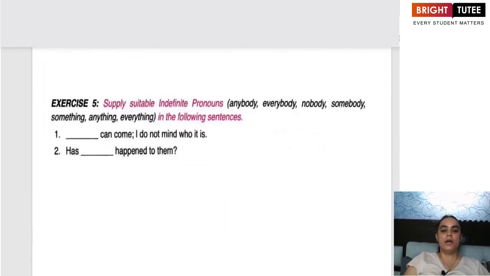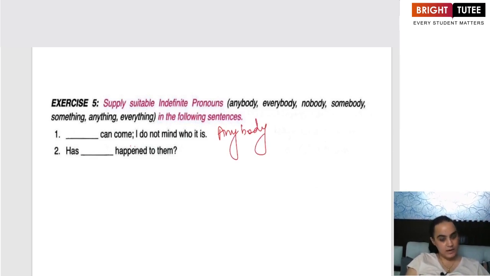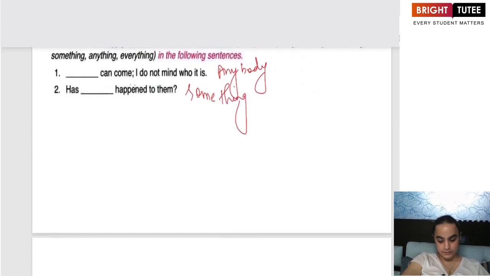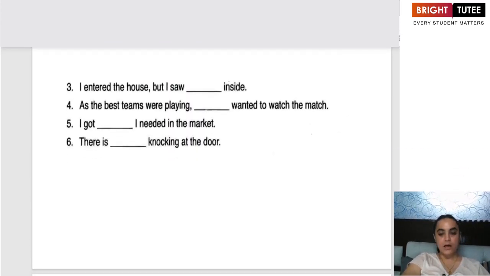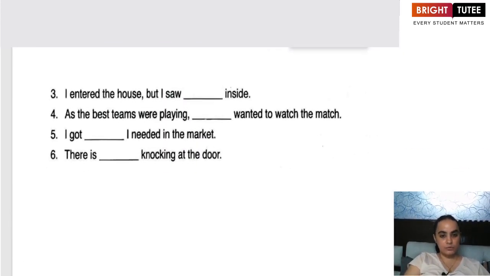Okay. Supply suitable indefinite pronouns in the following sentences. Anybody can come. I do not mind who it is. Has something happened to him? I entered the house, but I saw nobody inside it.